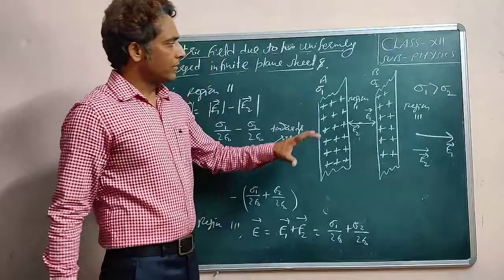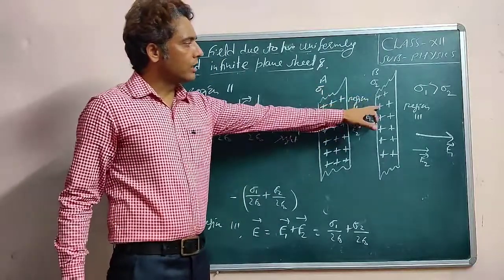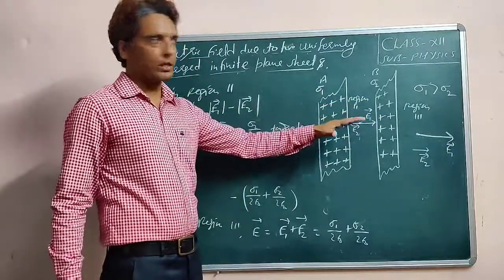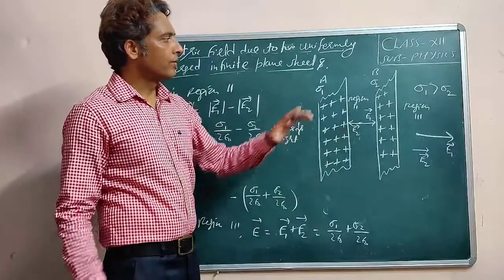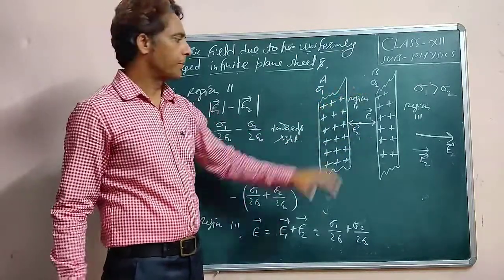Now there can be a situation where these two sheets are oppositely charged and the magnitudes of surface charge densities are the same.